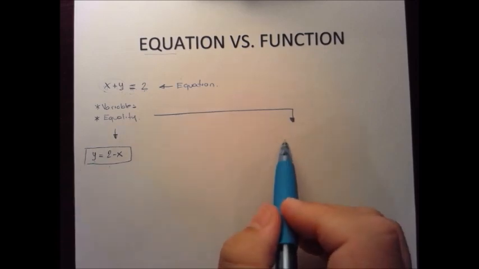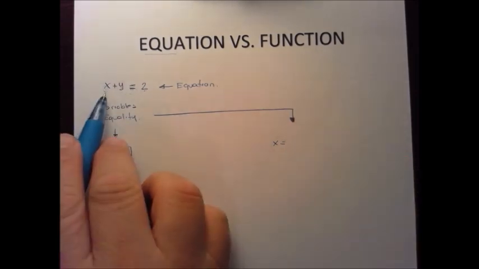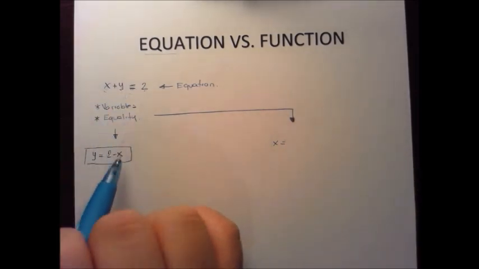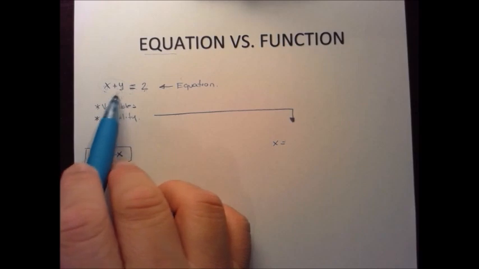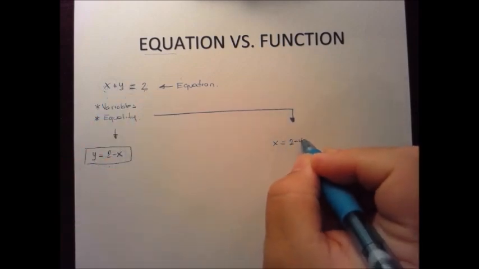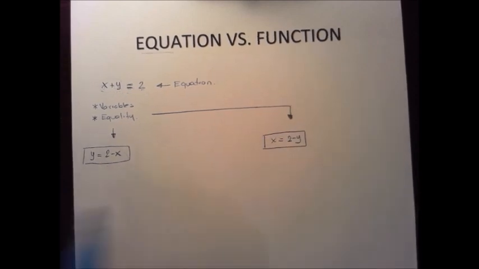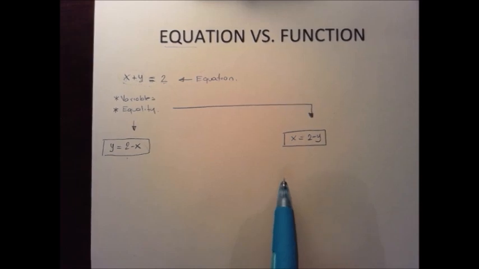In that case, I'm going to clear the variable x. The variable x cleared is going to be something like that one, because y is positive, it's going to pass negative, and then I'm going to have 2 minus y. Okay, so we have two different options.